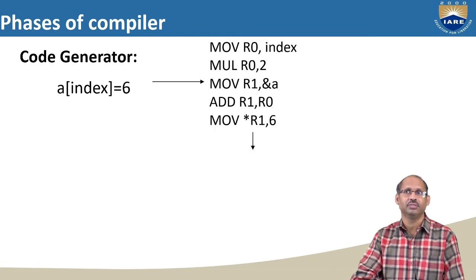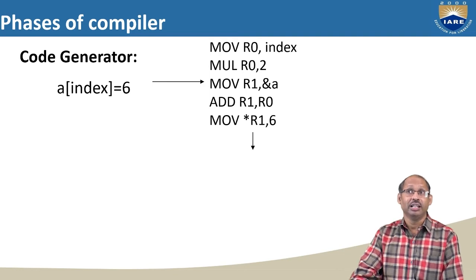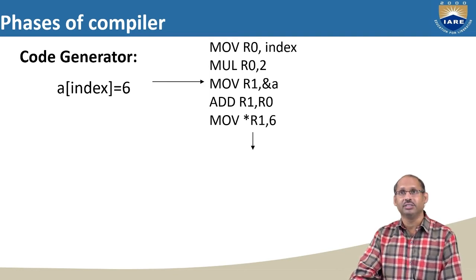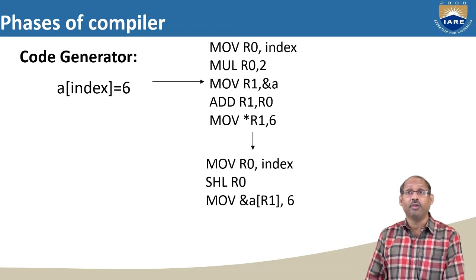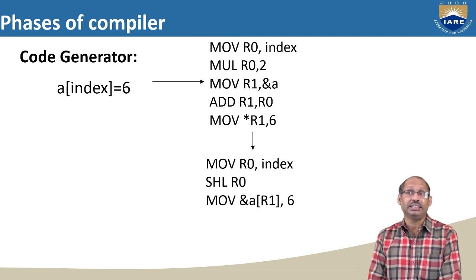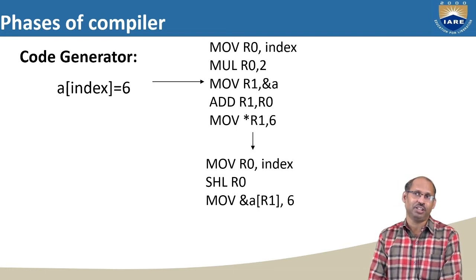This single statement is converted to our machine code. Assembly language programs are machine instructions. Further, there are some optimizing methods also available in the code generator to optimize the resultant assembly language program.